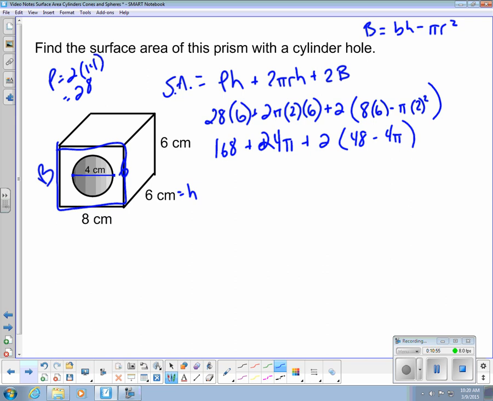So 168 plus 24 pi plus 96 minus 8 pi. Let's combine like terms. And I get 264 plus 16 pi centimeters squared.